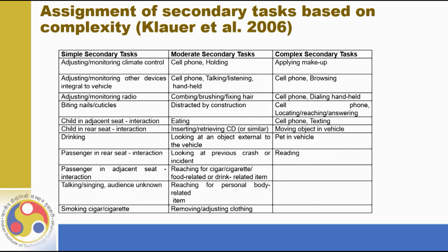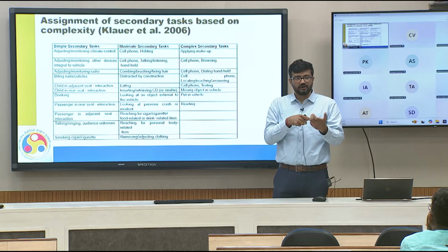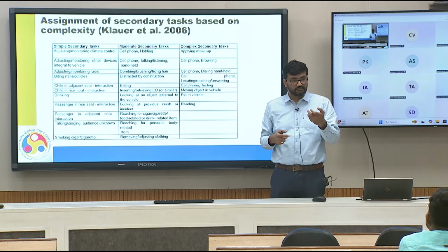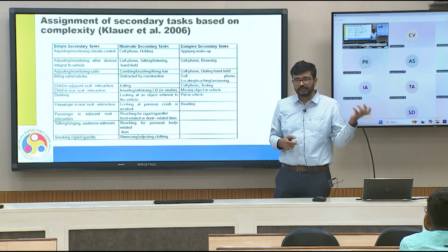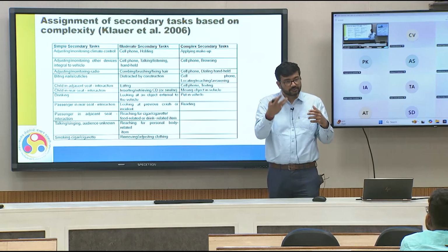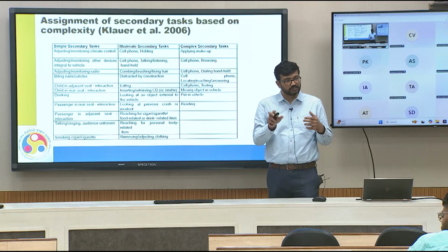Compared to that, if you are browsing, looking at a map while driving, you need to pay more attention to the phone. Or maybe you are reading something, or you want to pull up some important information, which will be even more difficult to perform while driving.